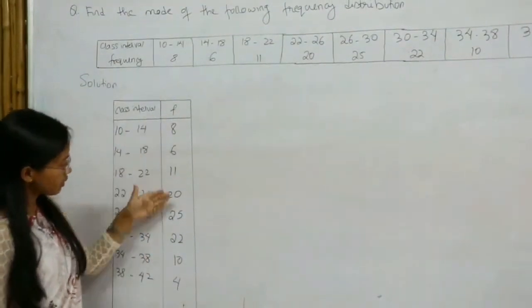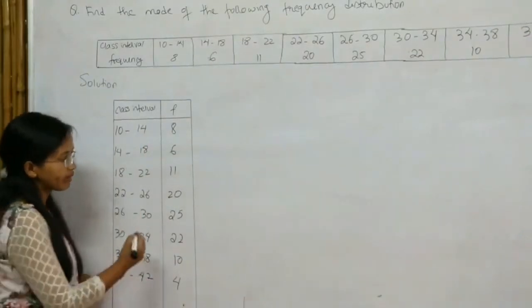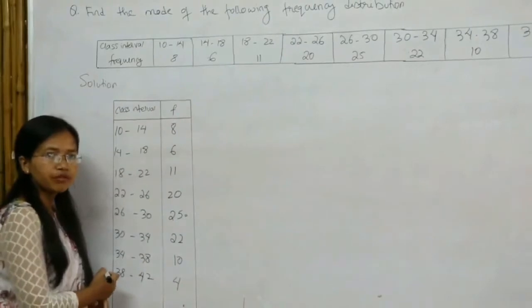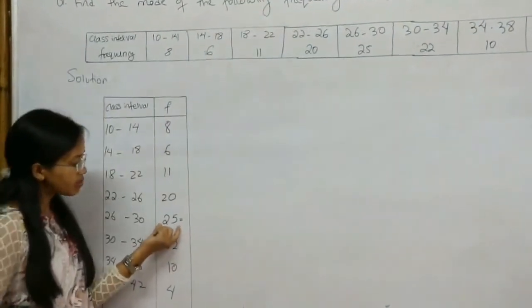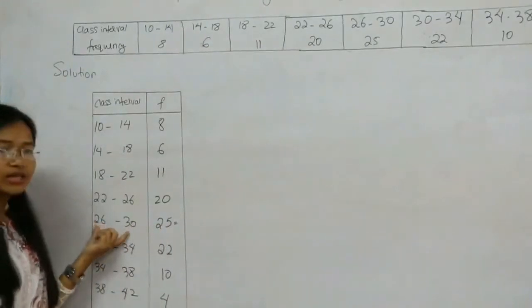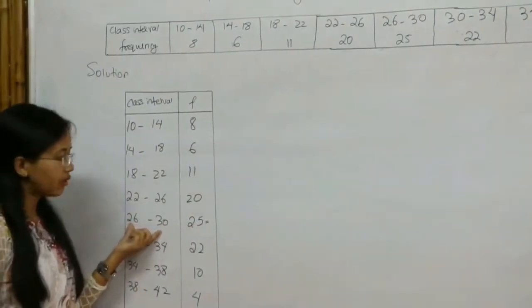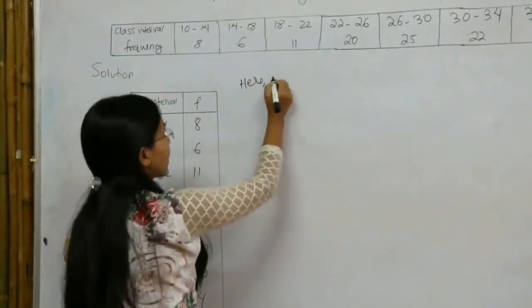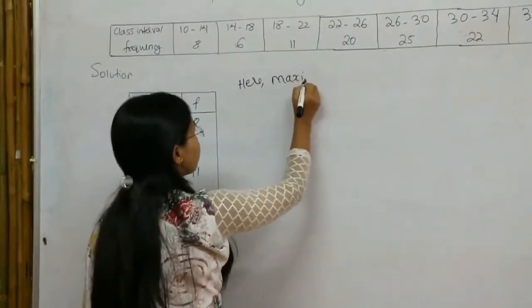When we look at these frequencies, we can see that 25 is the maximum frequency. So the maximum frequency here is 25, then the modal class is 26 to 30.